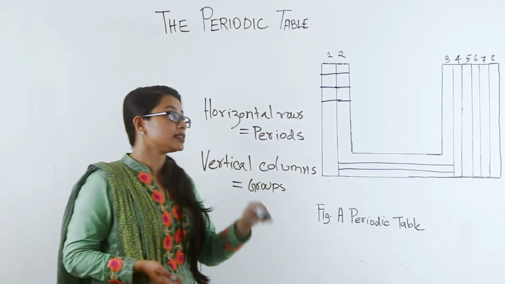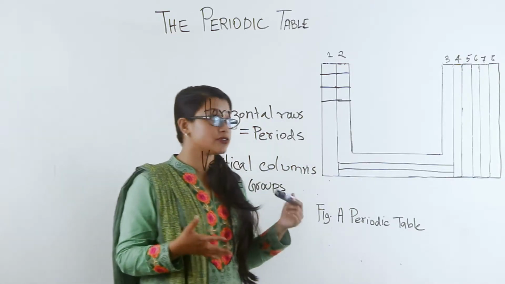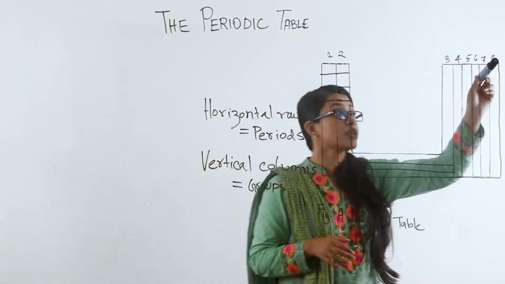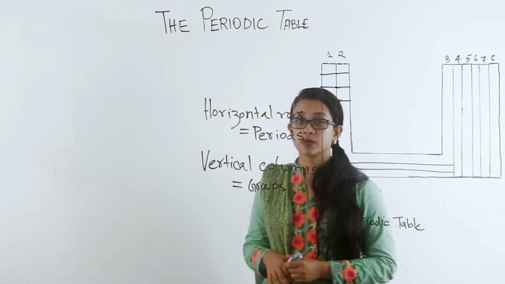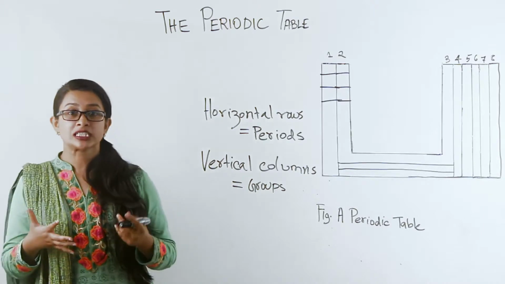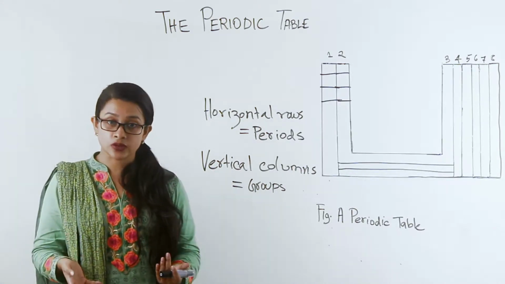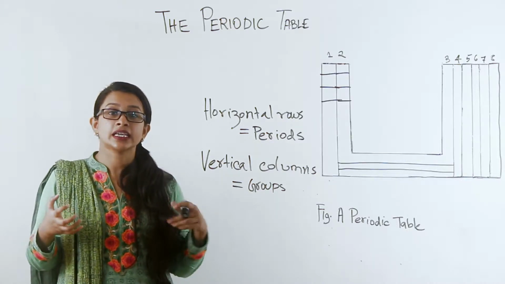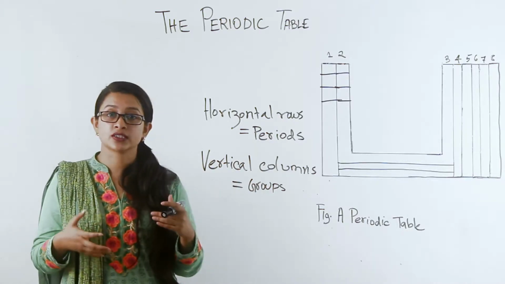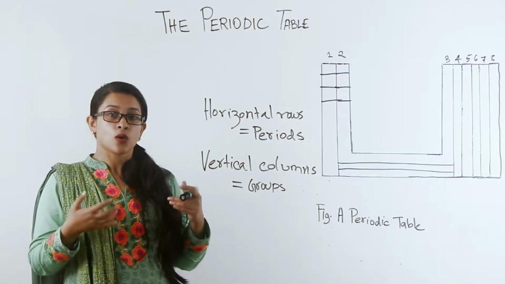And at the very last group, which is known as group 8, and sometimes in some periodic tables in your book or when your teacher is explaining, it is also known as group 0, the elements in this group are known as inert or noble gases. Why?